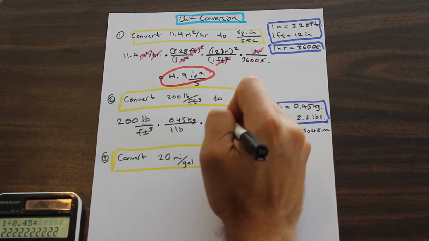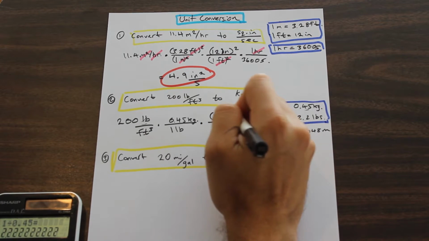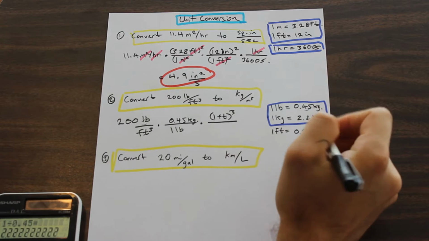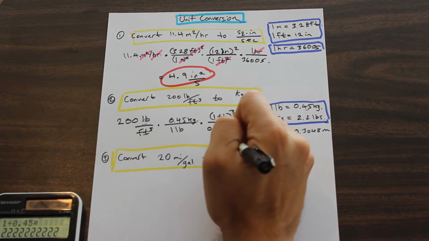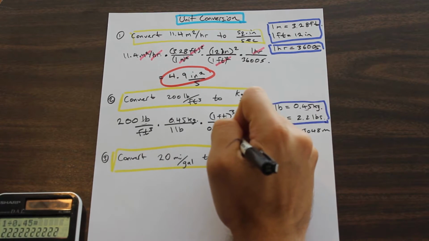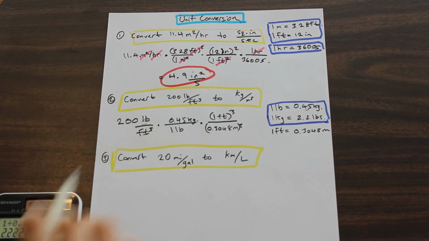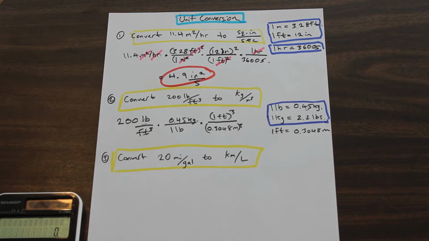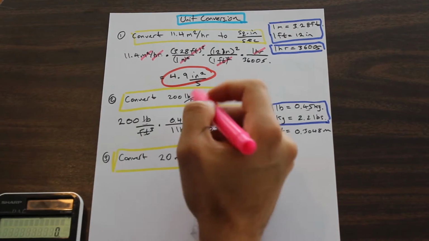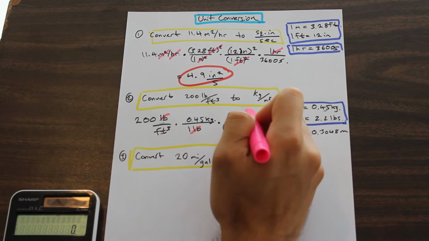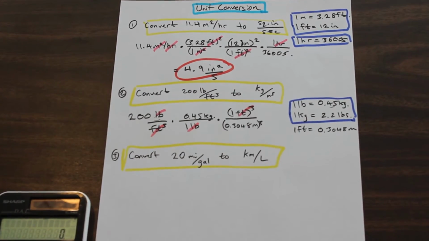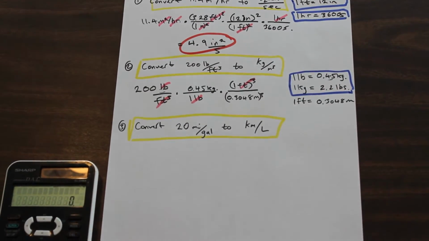Once again, feet is on the denominator, so let's put feet in the numerator now. We have 1 foot, and we're going to cube that, cube top and bottom, is equal to 0.3048 meters cubed. First of all, let's cancel our units. We have pounds canceling, we have feet canceling, and we are left with kilograms per meters cubed.